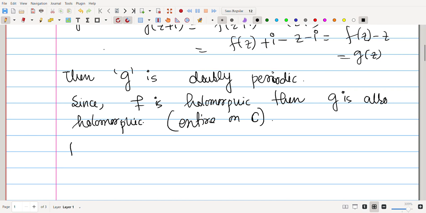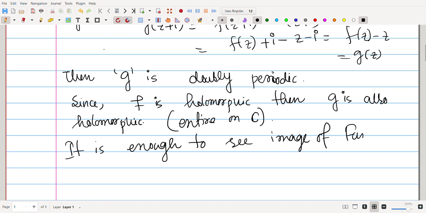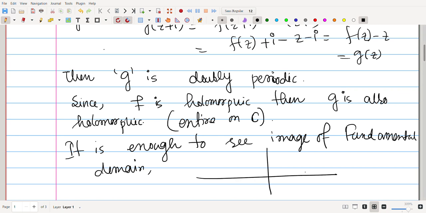That means it is enough to look at the fundamental domain. The fundamental domain means this is 1, this is i. You can take this one.